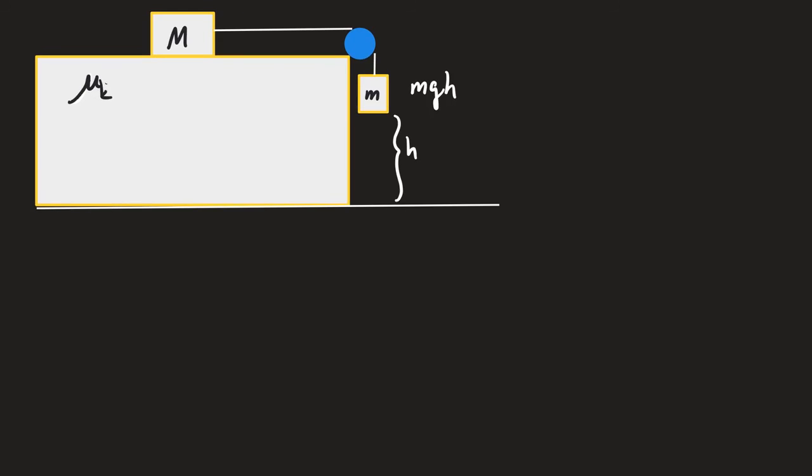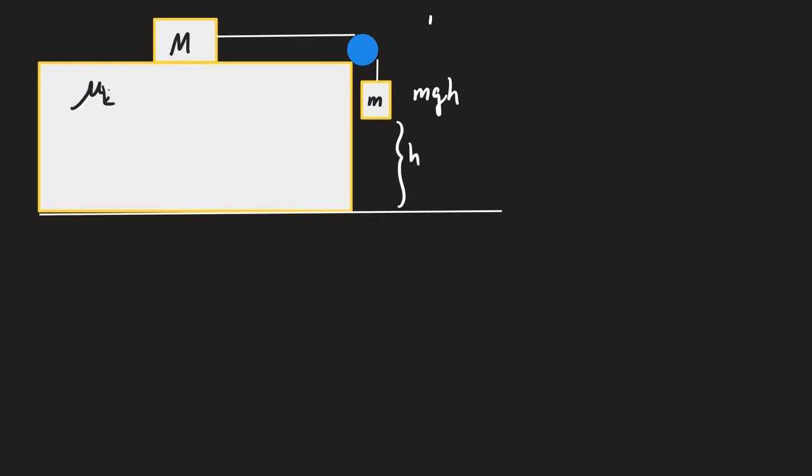So if this is the amount of energy before the system is released, I believe after the system is released, there will be kinetic energy between box 1 and box 2. I believe they'll both have the same velocity just before that box hits the ground. However, I believe friction is going to take away some of that energy. So I think I should subtract the work done by friction.